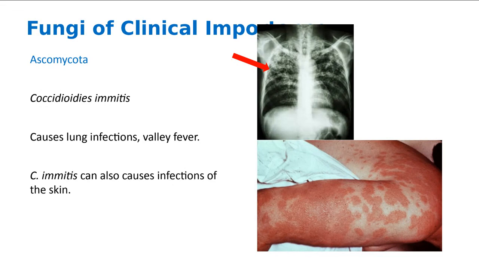What happened is they were in Arizona, and they were building a swimming pool in their backyard. They were digging, and so my friend breathed in the spores. She was a healthy little girl, and she breathed in the spores and came down with a coccidioides infection, right? She was really, really sick for about a month. But then she overcame that.